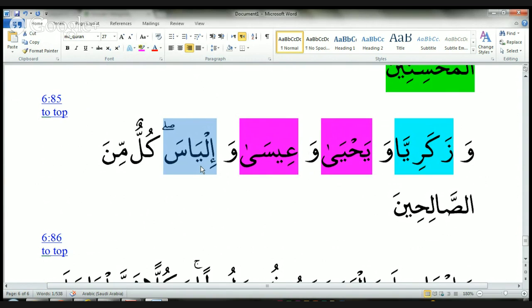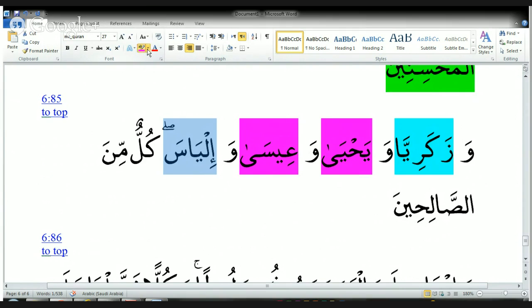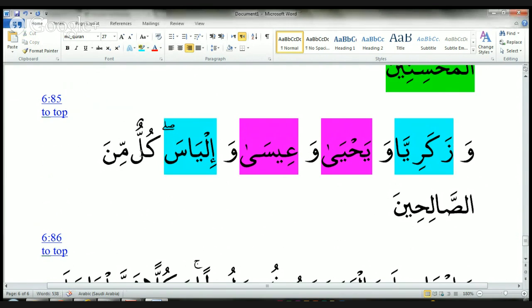Very good. She's right. It's part of his name. It's not Al-Ilyas. Ilyas is the name. Ilyas is his name. So it's going to be what? Partly flexible, which is what? And all these colors. Kullun? Green, right? Salihin? Good.